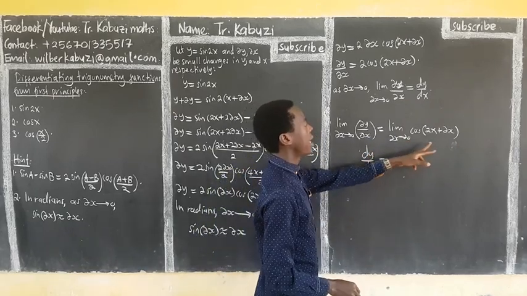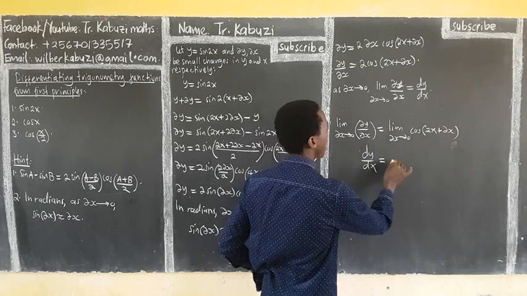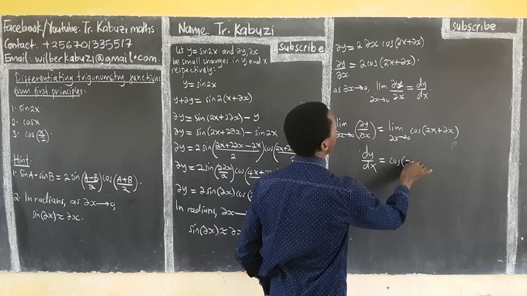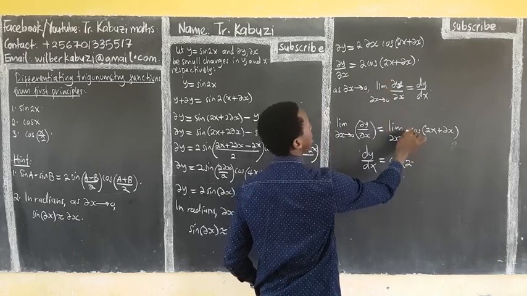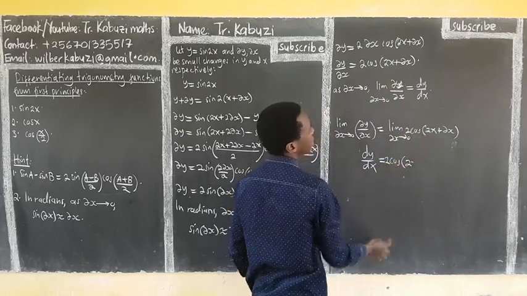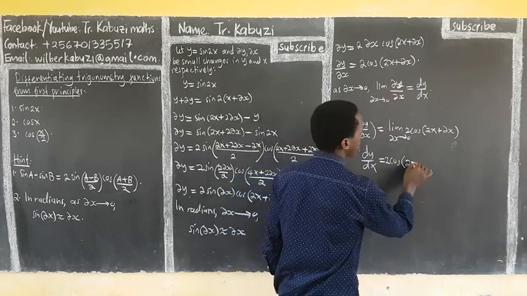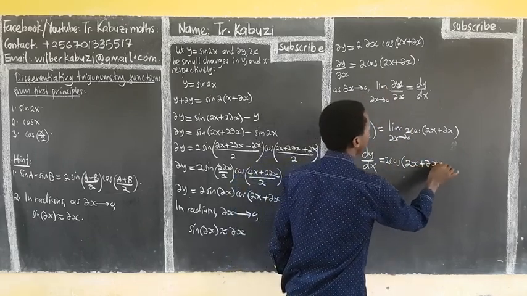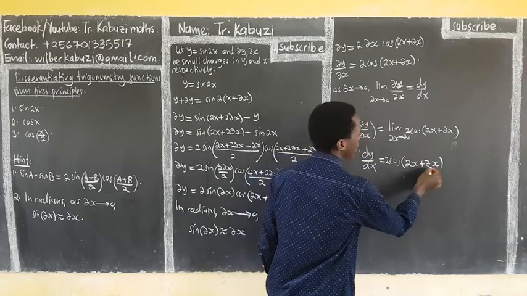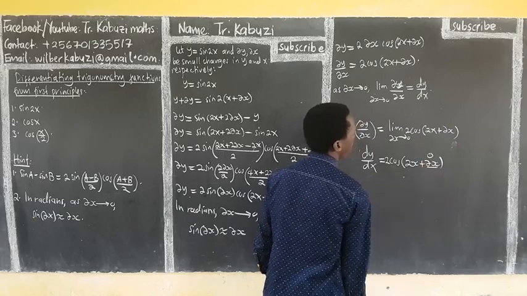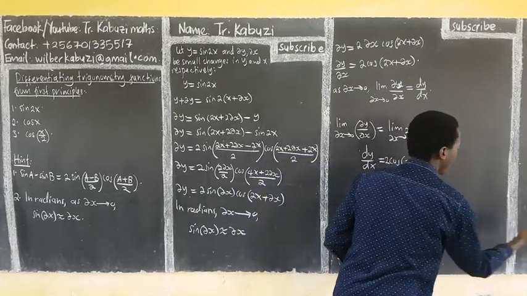Now, when I put delta x here, I'll be having cos of 2. I have this 2 out, this 2 from here. So 2, then cos of 2x plus delta x. Now this delta x, we are saying that the whole of this is now at 0.